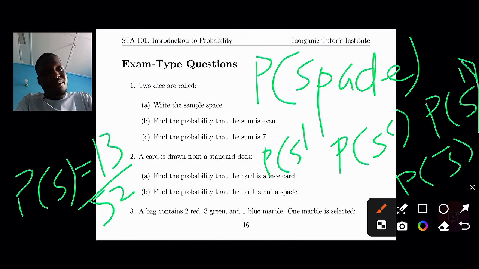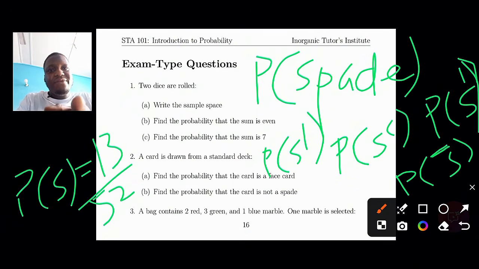P(S) prime, like this. So all these denote the complementary probability: P(S) prime, P(S)^C, or P(S) bar. They are all ways to write complementary probability. So we determine the probability of getting a spade to be 13 over 52.